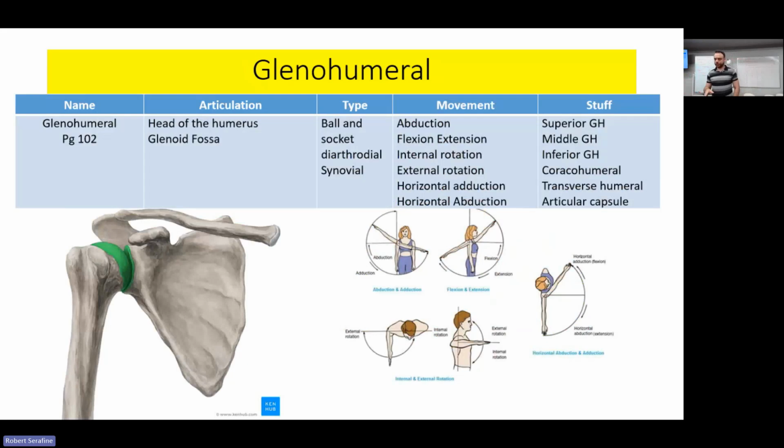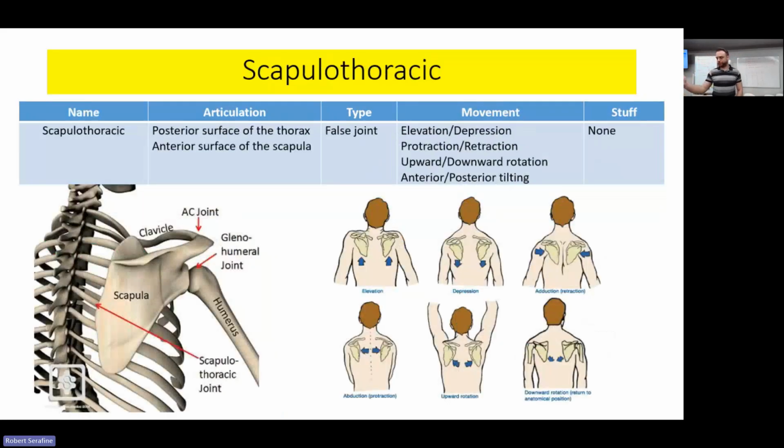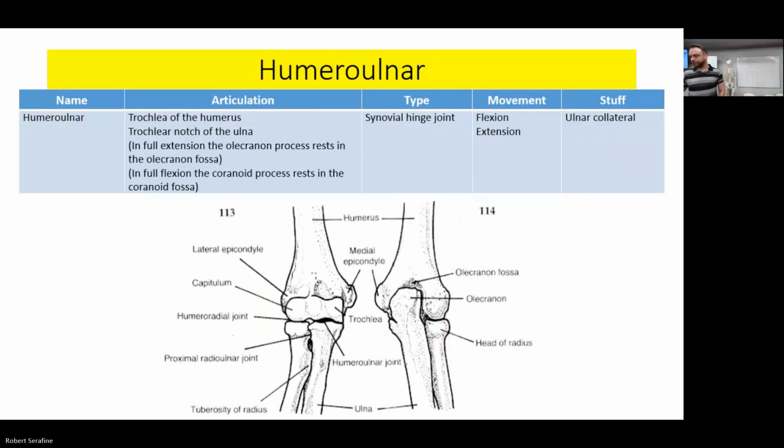This is just going to go through essentially what we just did, which is going through all the joints and more specifically what parts of the bones come together to make the joint, the articulation, the type of joint it is, what movements it can do, and then any important stuff like ligaments and so on and so forth.